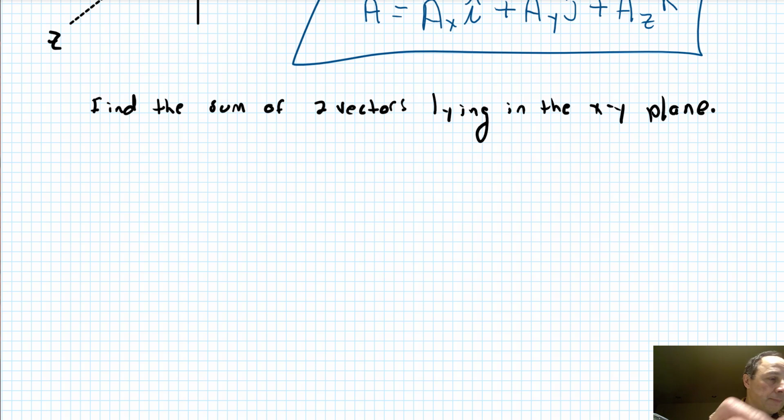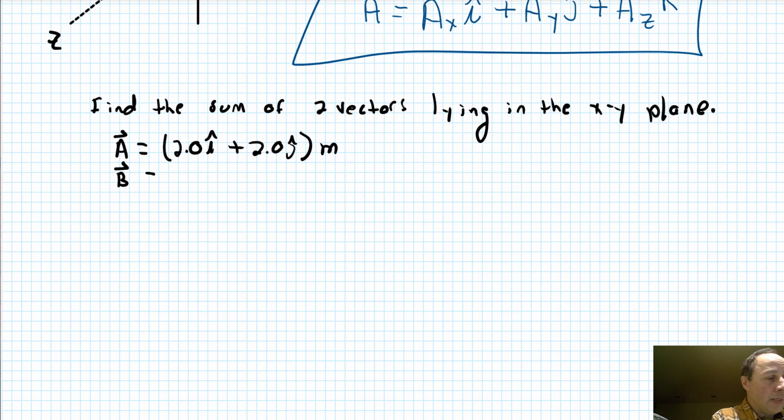Okay, so A we're given as 2.0 i hat plus 2.0 j hat meters, and the vector B is 2.0 i hat minus 4.0 j hat meters.